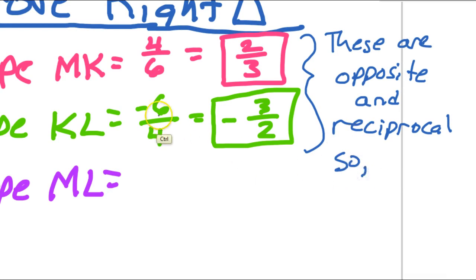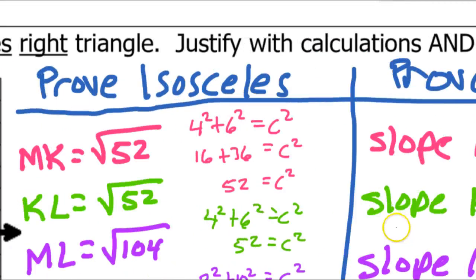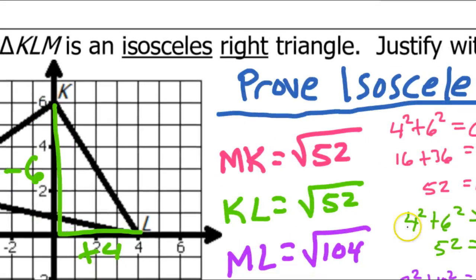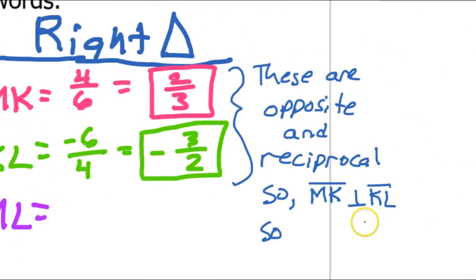So that means that MK is perpendicular to KL. Segment MK is perpendicular to segment KL. So triangle KLM is a right triangle.